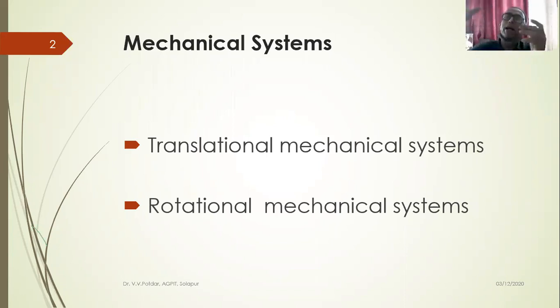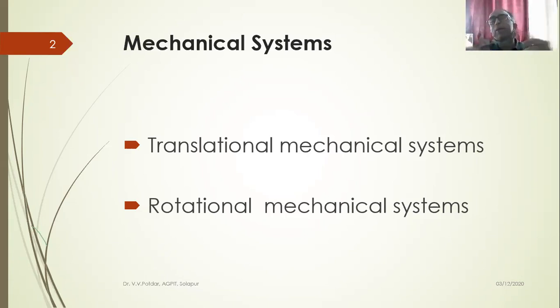When you have a ceiling fan in your room, there's a shaft. On that shaft, the rotor is mounted, and then that shaft is subjected to torsion, let us say, or rotational motion.